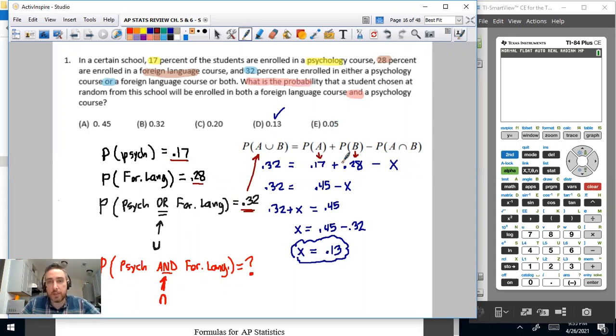So I plugged them into that formula and added these two together. Then if you add the x over here to make it positive, you can subtract the 0.32. You're basically taking the sum of those and subtracting the or, and you'll get 0.13. So that is the answer.